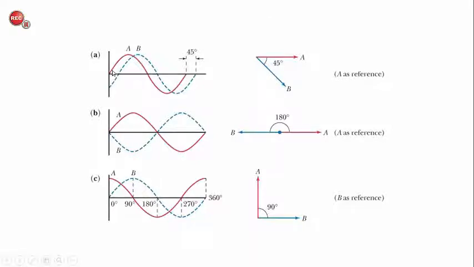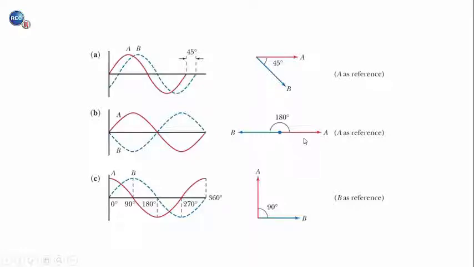And so we see that in the graph. A rises to its maximum value first. B is rising to its maximum value sometime later. And so the phase angle between the two is 45 degrees. And so if A is 360 degrees to complete a full revolution, and so is B, by proportion we would see that from peak of A to peak of B would be equal to 45 degrees.